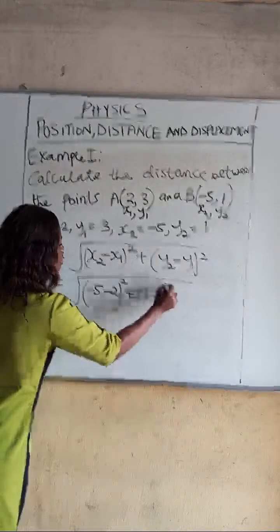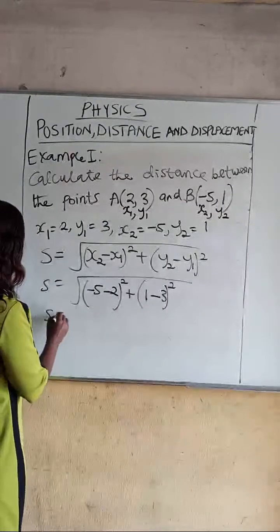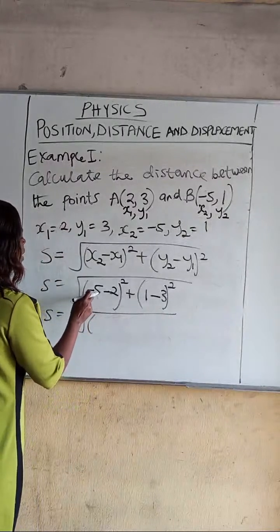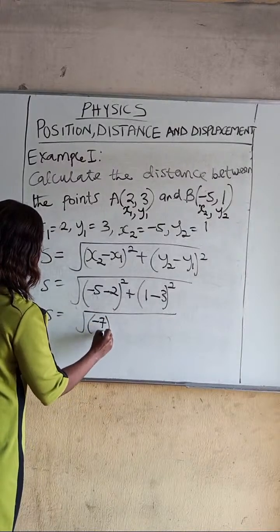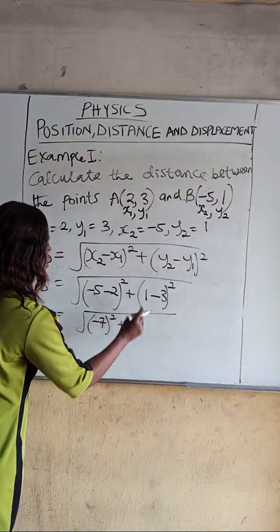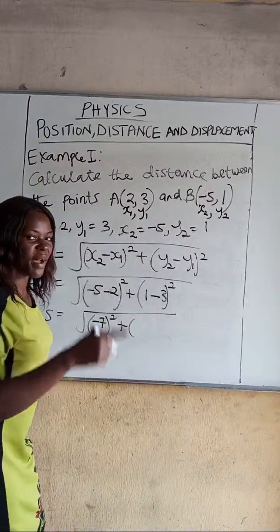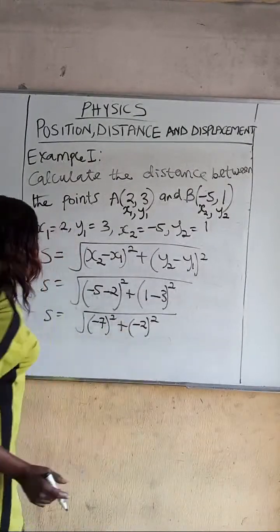I'll put 3, all squared. Hope you are following. Alright, so I'll bring it down and do the mathematics. Minus 5 minus 2 is going to give me minus 7 all squared, right? Then plus 1 minus 3 is going to give me what? Minus 2. So I have minus 2 all squared.